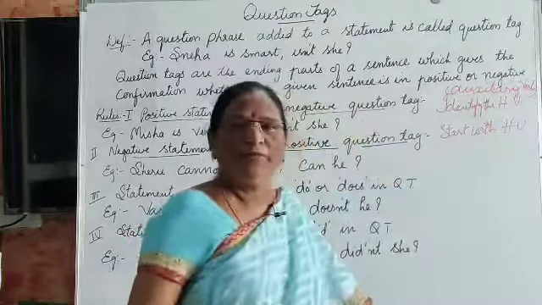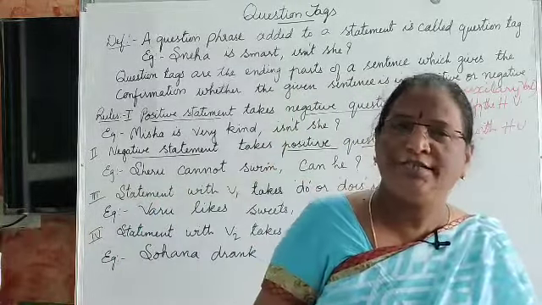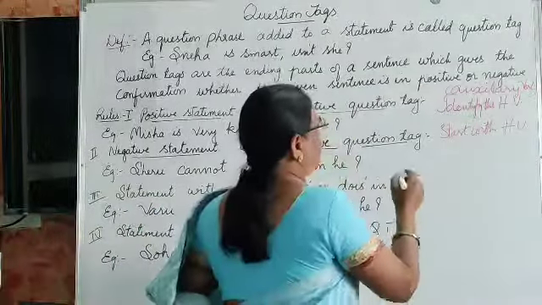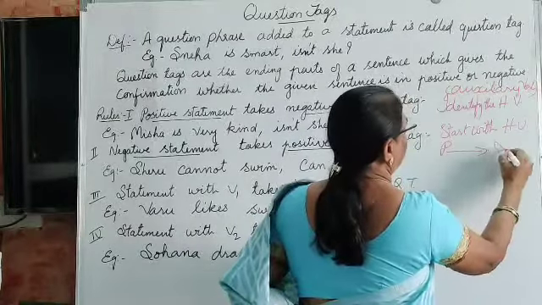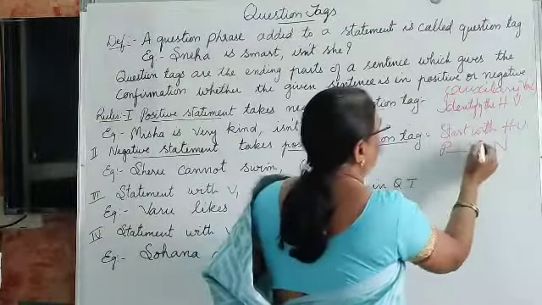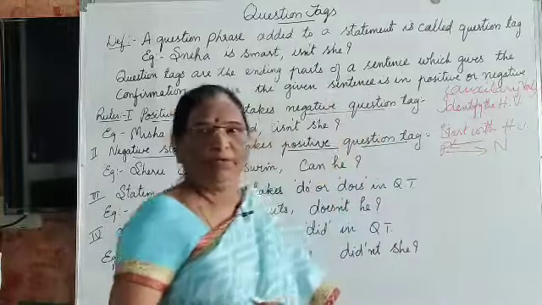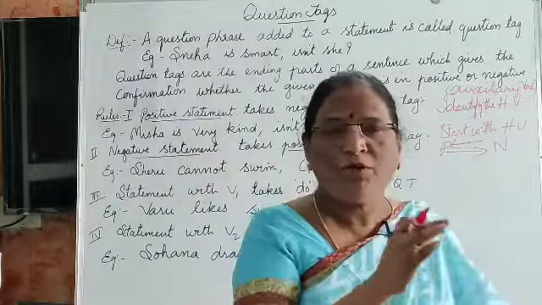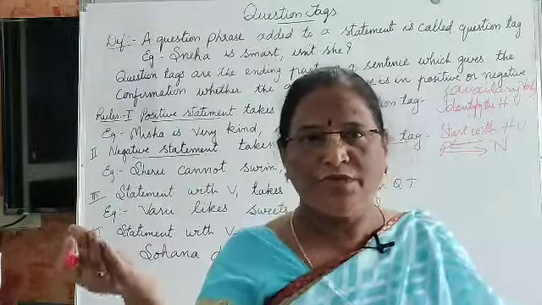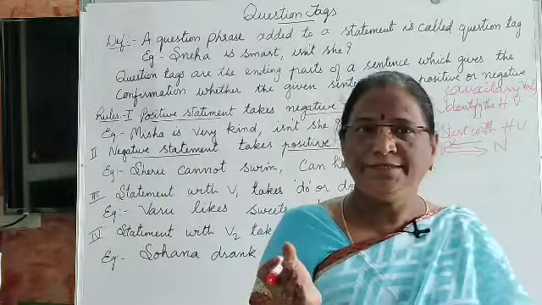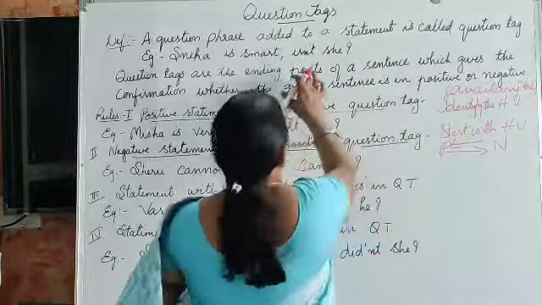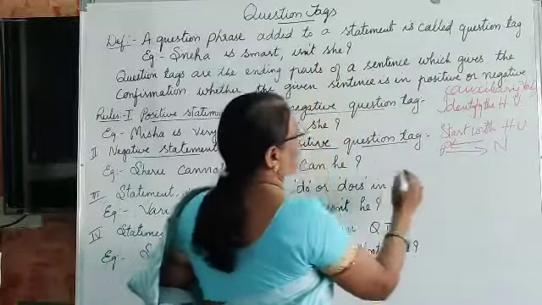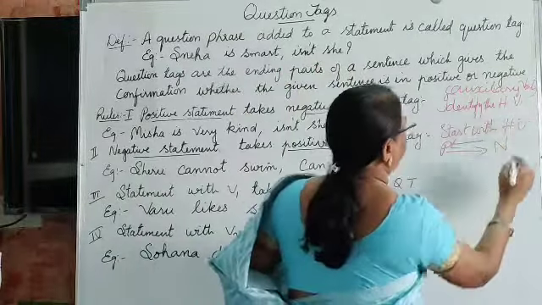And next is positive: a positive statement takes a negative tag and a negative statement takes a positive tag. And you have to start the tag with the helping verb.